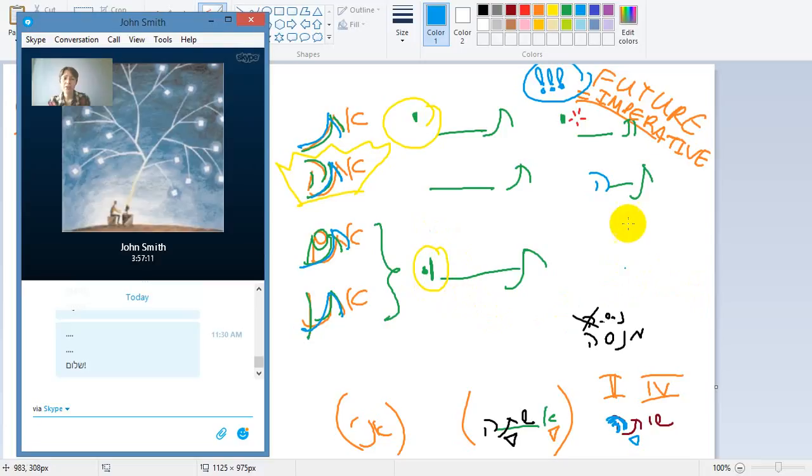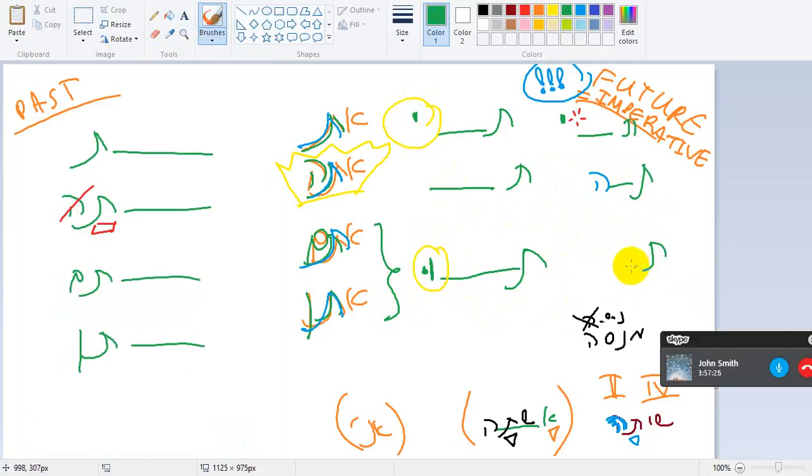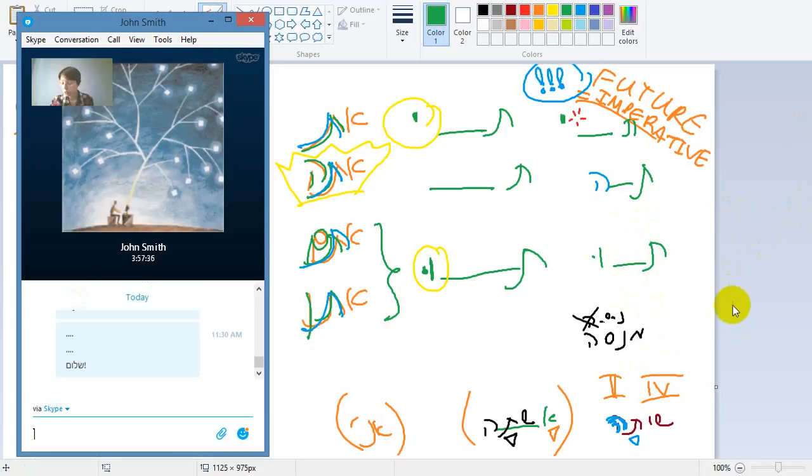When there is u or e there, they push it from both sides, psh, and it disappears. The weak letter disappears. So here it will disappear, and that's what we have. So try would be tenasu, drink would be tishtu, look would be תראו.